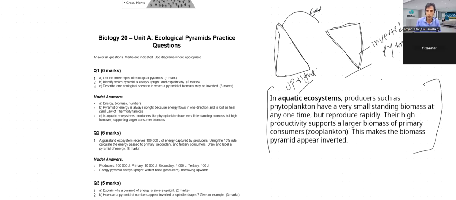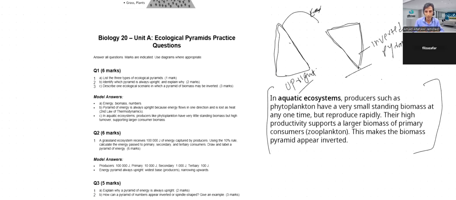In aquatic ecosystems, producers such as plants, those plants which are in water, have very small standing biomass at one time, but reproduce rapidly. At one time, they have very small mass there. And they grow rapidly because water is available, sunlight is available, the energy source is available, so their high productivity supports a larger biomass of primary consumers.